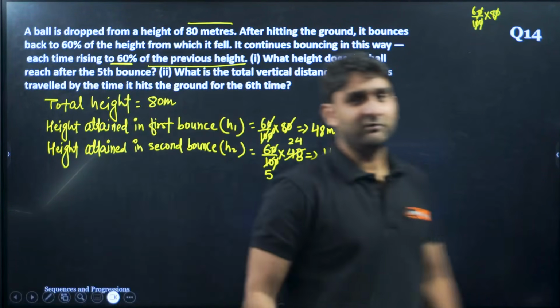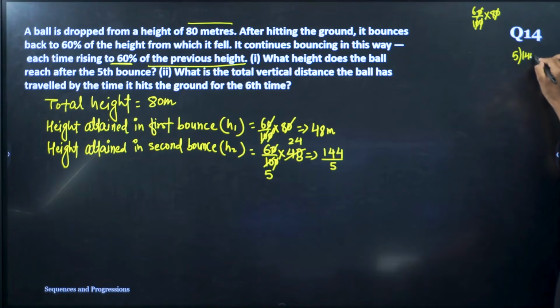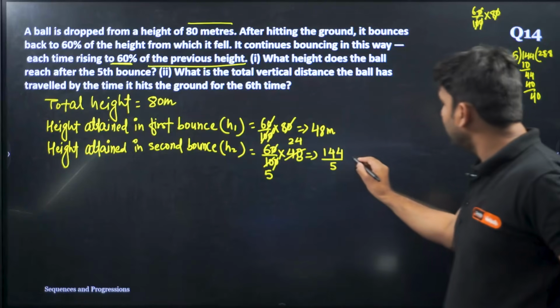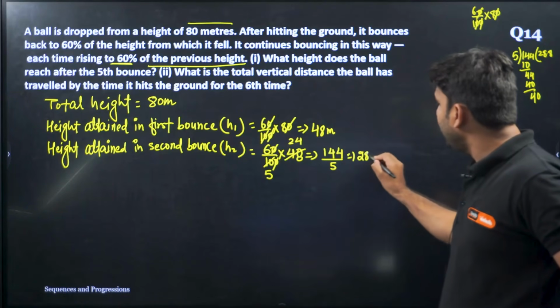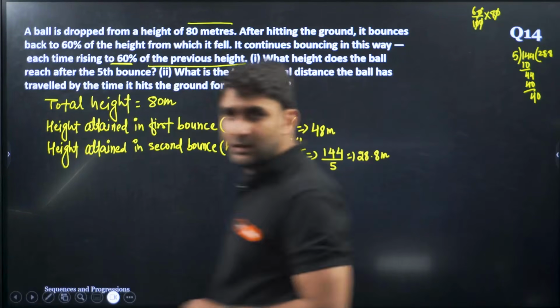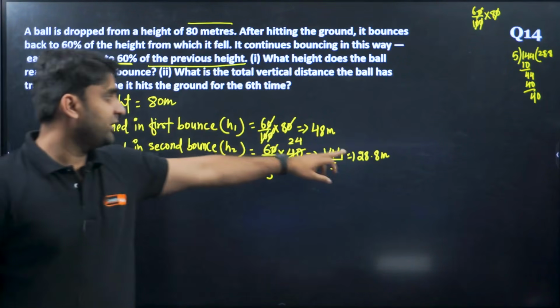Now 144 divided by 5, so the result will come in decimal. So this gives 28.8 meter. Clear everyone? So this is the condition here. First bounce 48 meter, second 28.8.